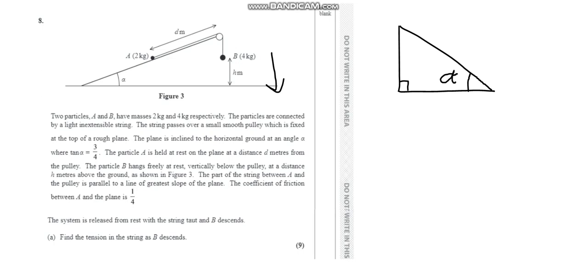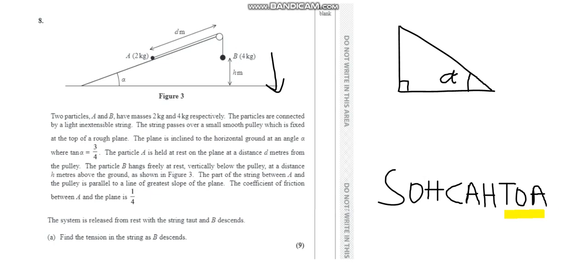If you remember SOHCAHTOA, which is a trigonometric identity used for finding sine, cos and tan, we have been given tan alpha, and tan is opposite upon adjacent. O stands for opposite and A stands for adjacent.